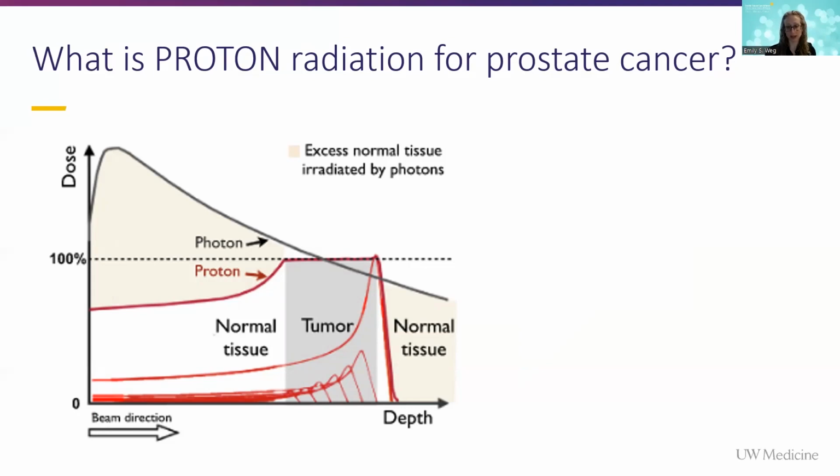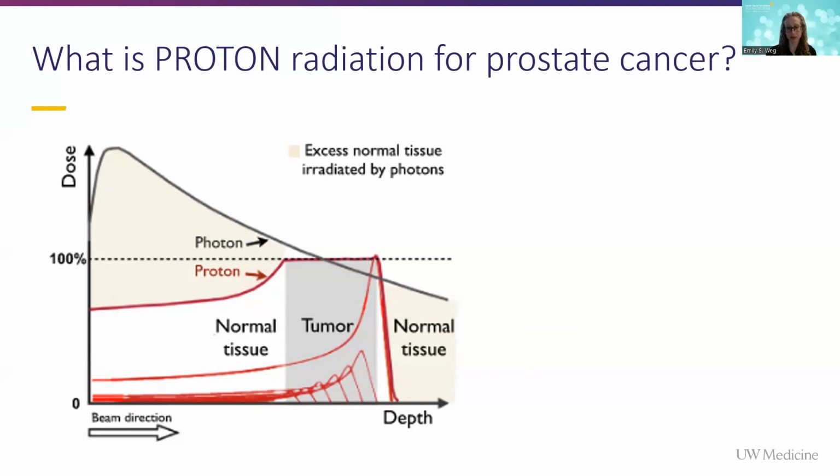The y-axis represents the dose to tissue at this depth on the x-axis. And so the beige shaded regions demonstrate the areas of normal tissue that see radiation with photons that are spared with protons. Protons are the red lines.